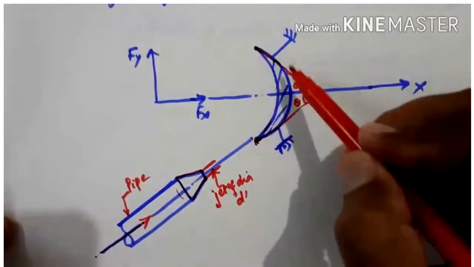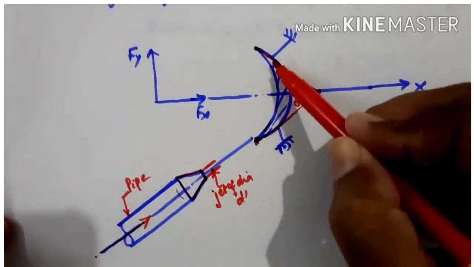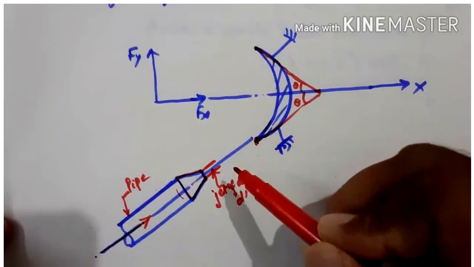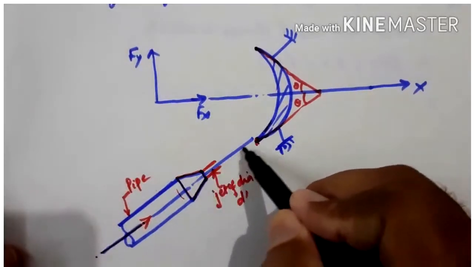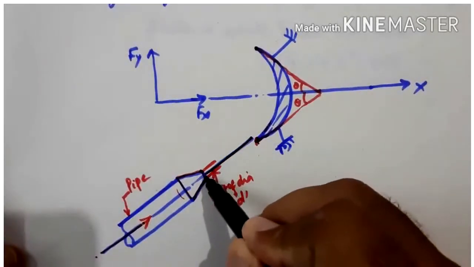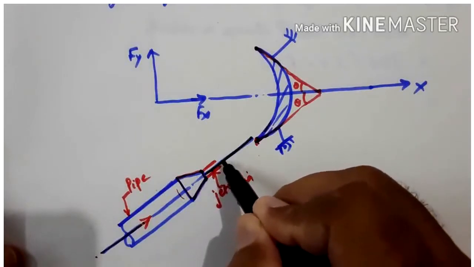Okay, but this is a symmetrical case. As I said, symmetrical means this plate is kept symmetrical about the x-axis. Whatever angle the jet makes while entering, this is the direction of the jet, and the jet is coming out of the nozzle with a velocity v.